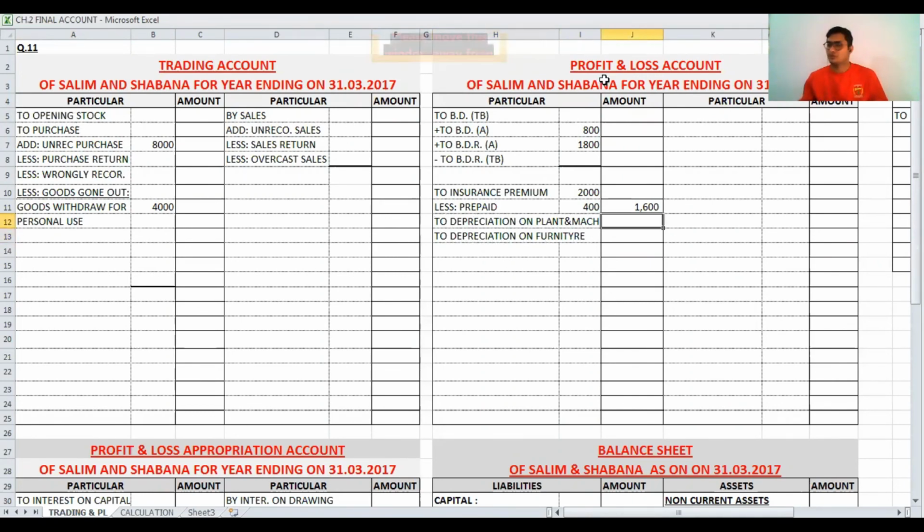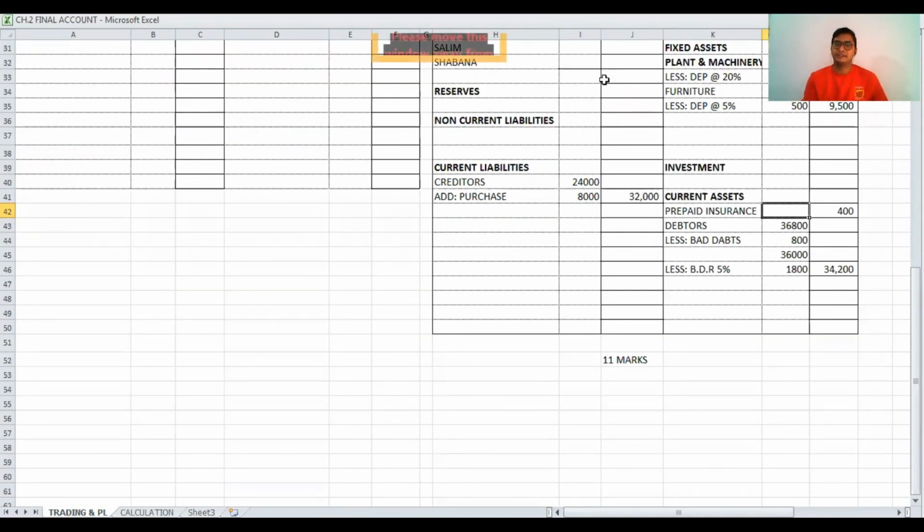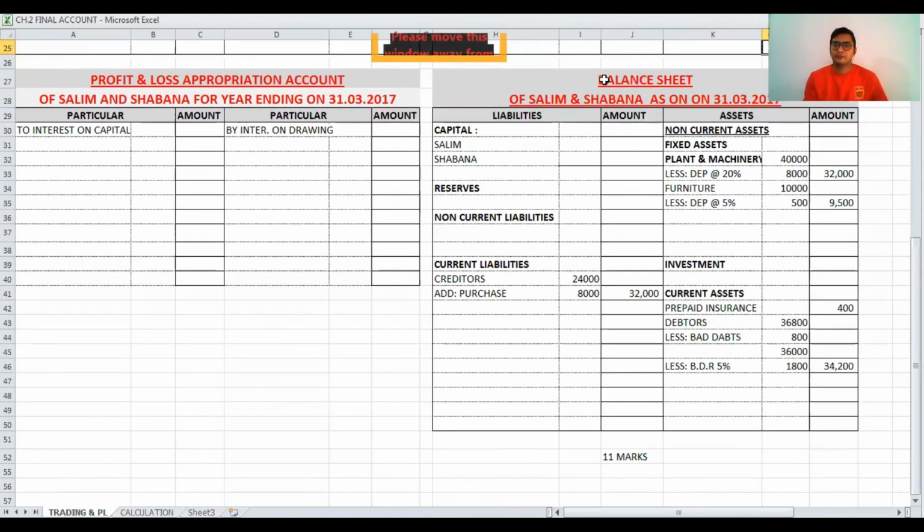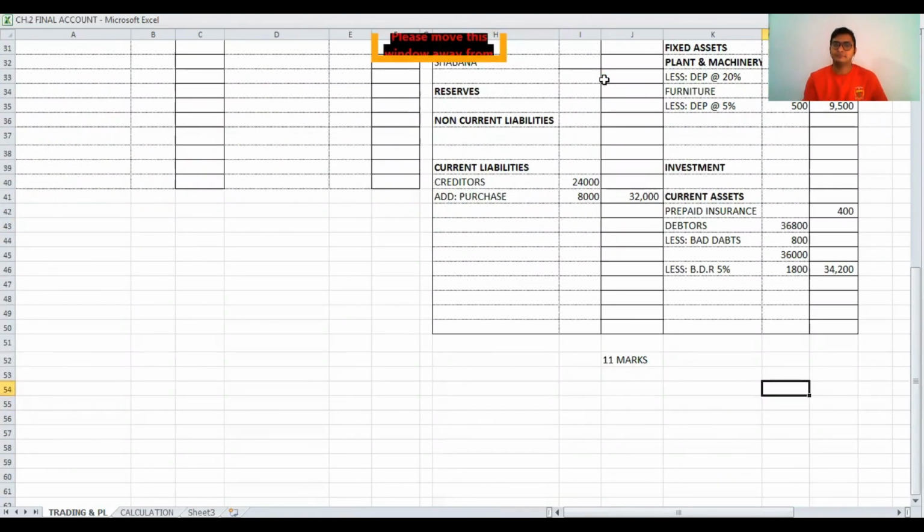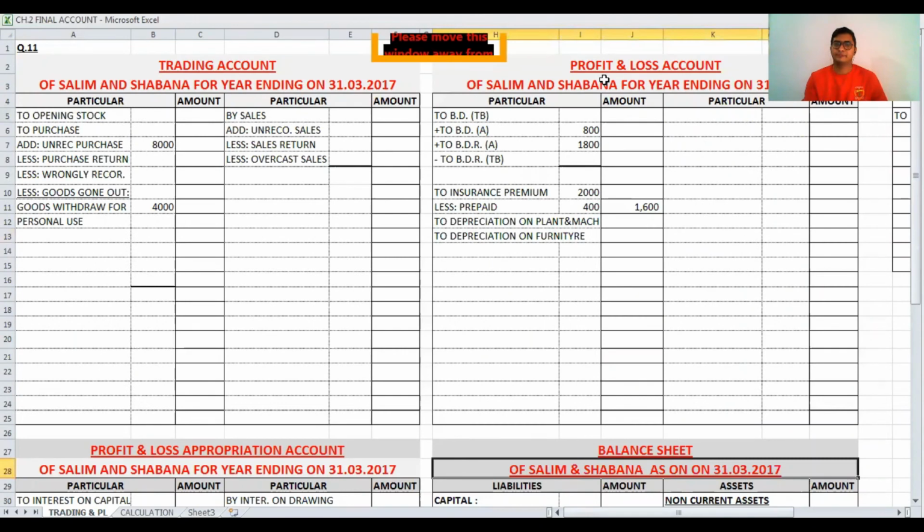First of all, depreciation on plant and machinery that we have calculated 8,000 and 500. For plant and machinery depreciation amounting to 8,000 and for furniture it is 500.